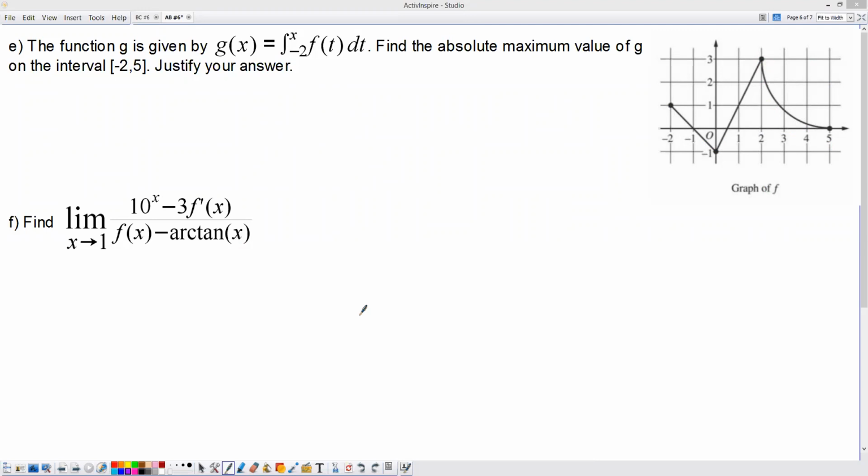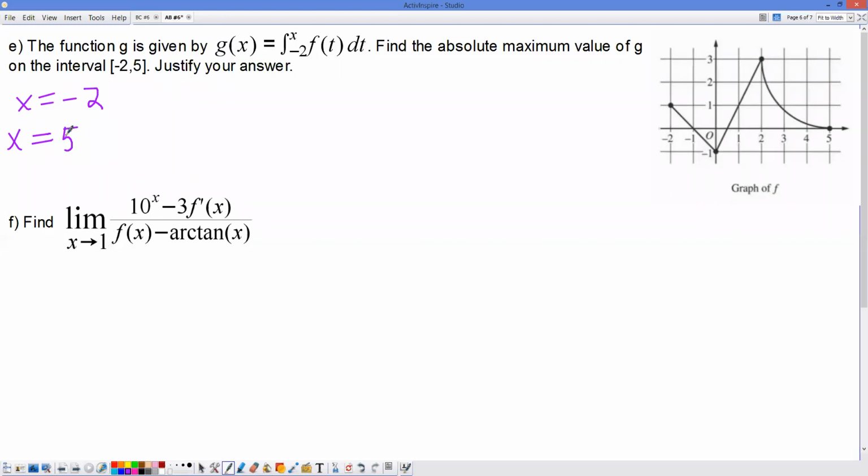So in order to find an absolute maximum, we have to find any places where there could be local maxima, and then we also have to check the endpoints since this is a closed interval. So anytime you're looking for absolute max or min, check the endpoints if it's a closed interval. So possibilities are x equals -2, x equals 5 to start with, and then any critical values of G.